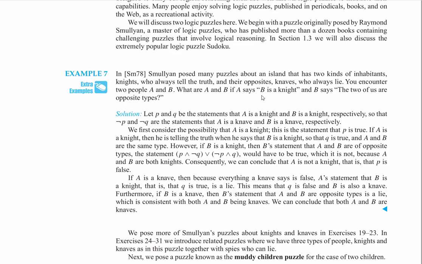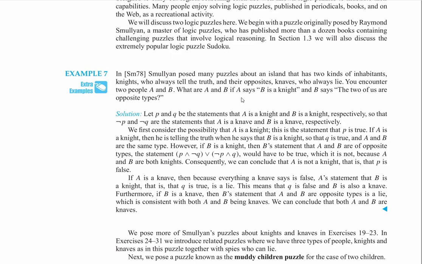We can try the same strategy. First, assume that A is a knight. If A is a knight, then what he says is true, so then B is a knight. But then that doesn't work, because B is a knight, so what he says is true, but what he's saying here is not going to be true if they're both knights.